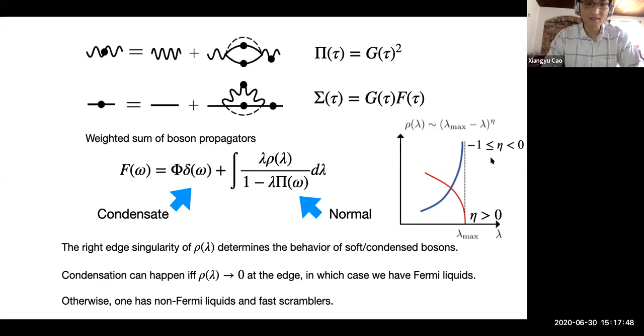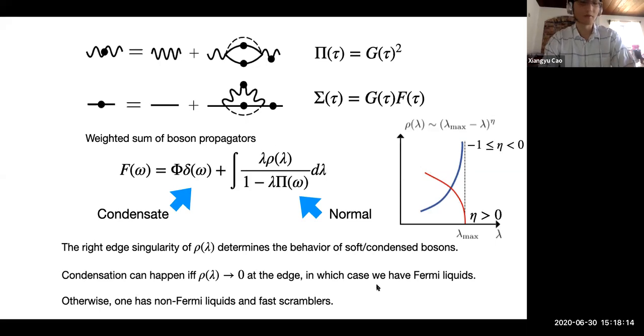And we will see that the boson condensation can only happen if the distribution vanishes at the edge. That's basically because if you have very few bosons near the edge, then these bosons stand out, and they have to condense. They are driven by this Fermi loop to condense.